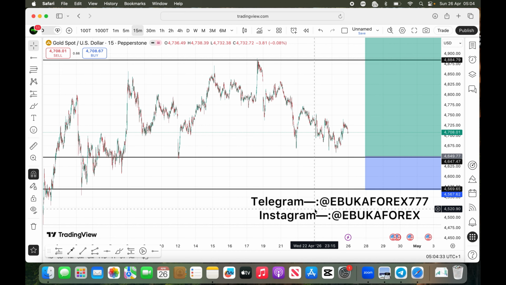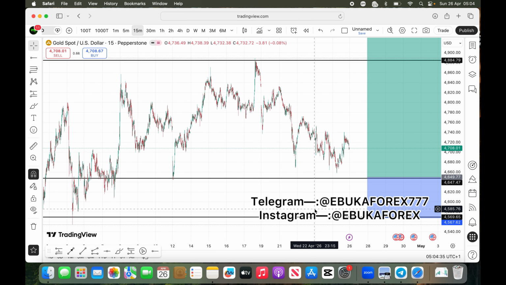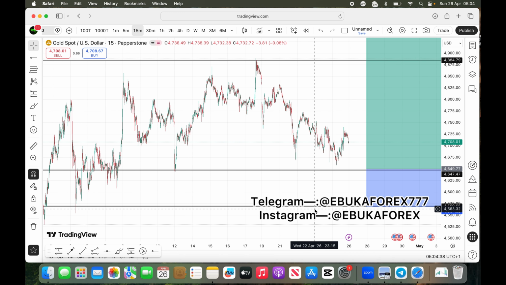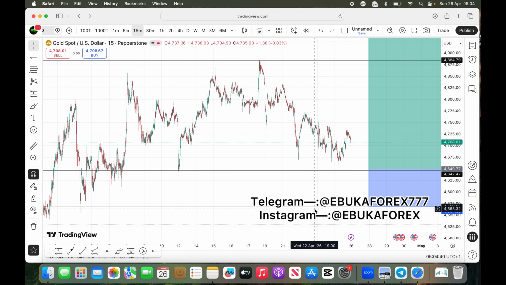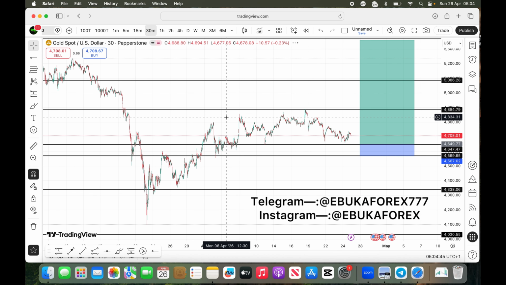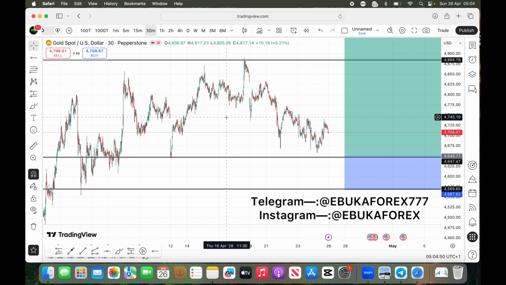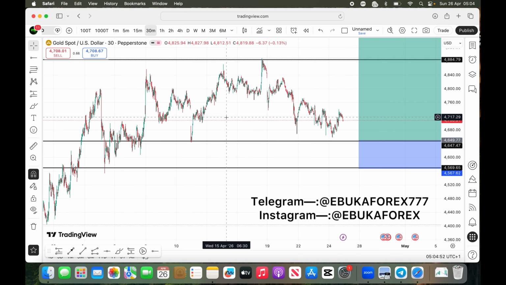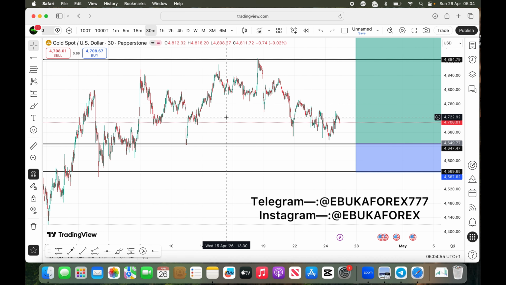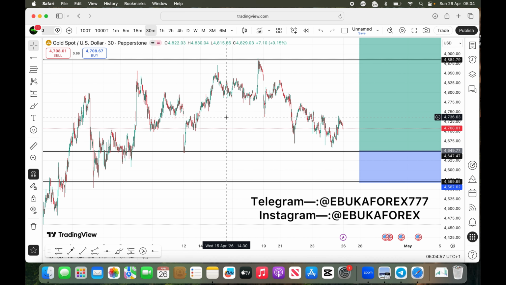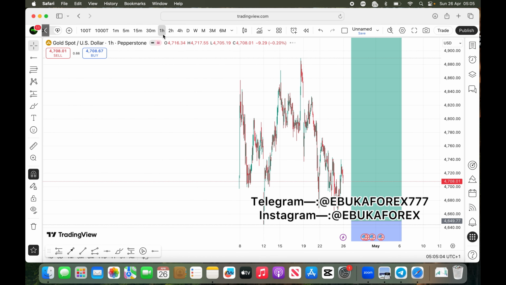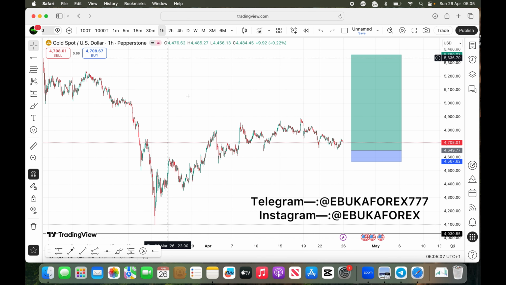That does not mean that my analysis is the best. That does not mean that my analysis is correct. So this is something that I have data to back it up. So meanwhile, we're just gonna wait to see what's gonna happen by Monday market open. So you see the major price reaction and how everything is gonna take place.